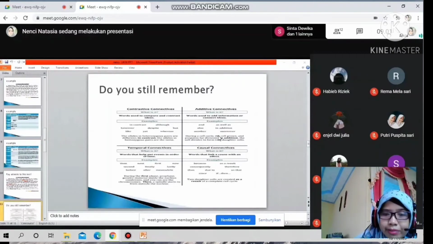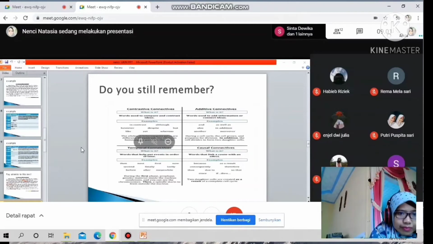We use these words for the causal connective. Example: two daughter cells are created as a result of a complete cell cycle.